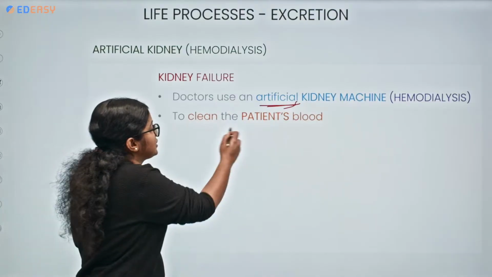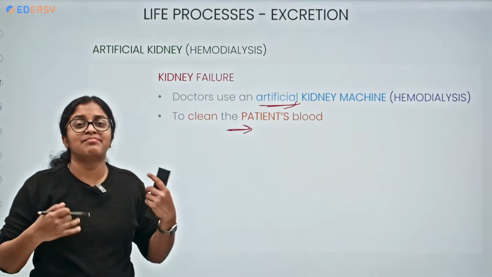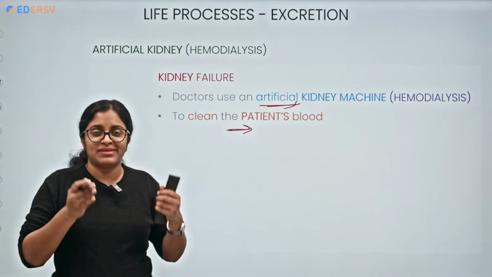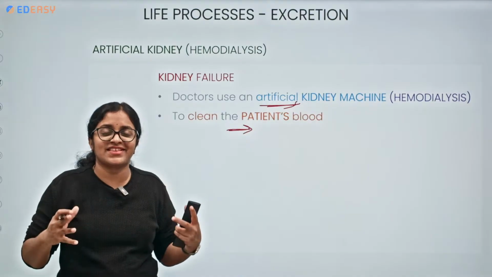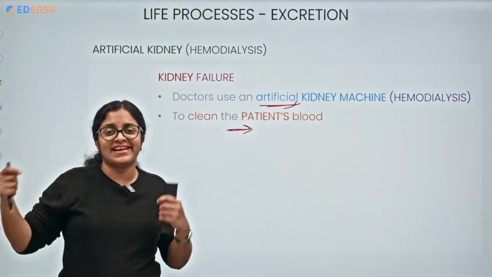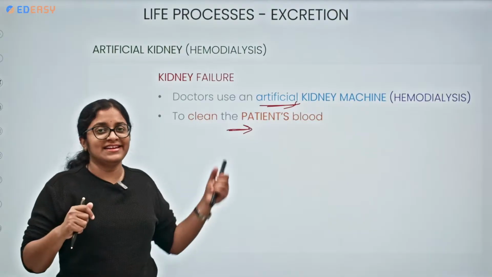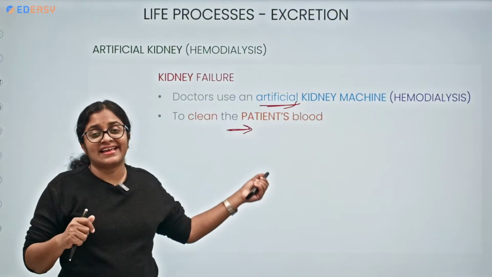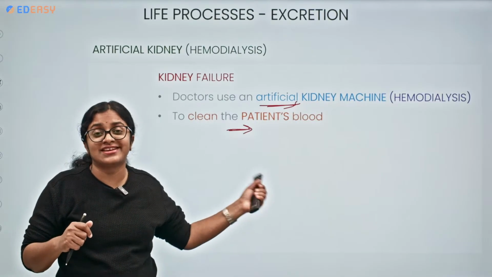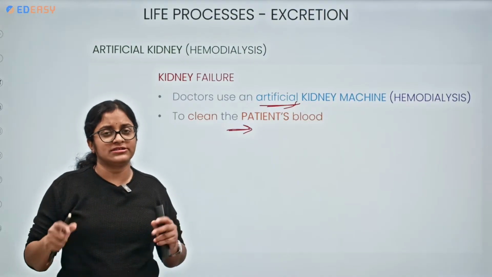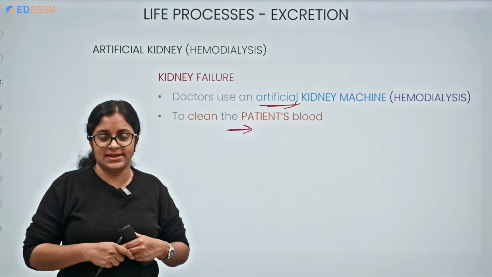Why is this essential? In order to clean the patient's blood. The blood which is enriched with waste products should be cleaned, so definitely dialysis needs to be done. You might also have heard these terms a number of times, right?